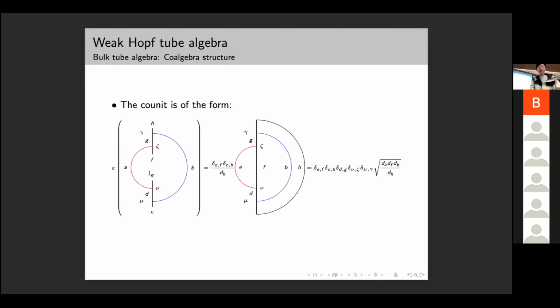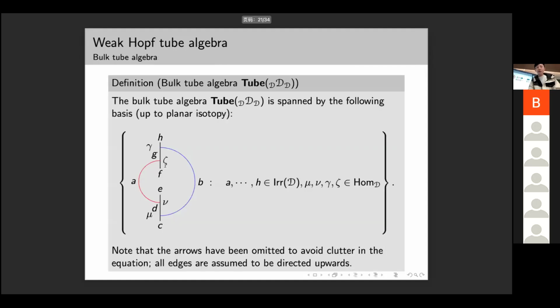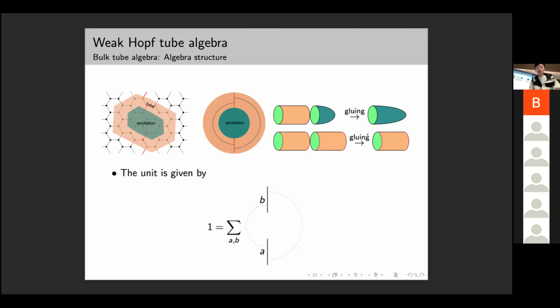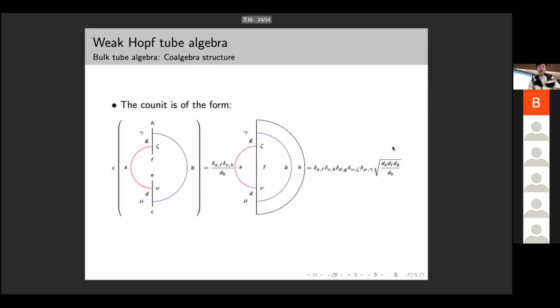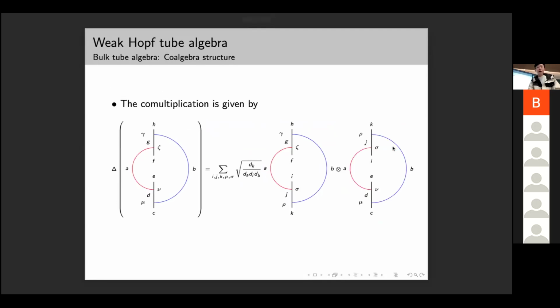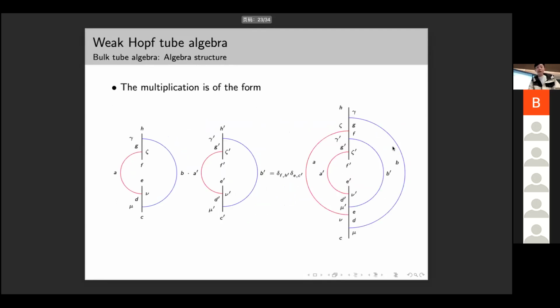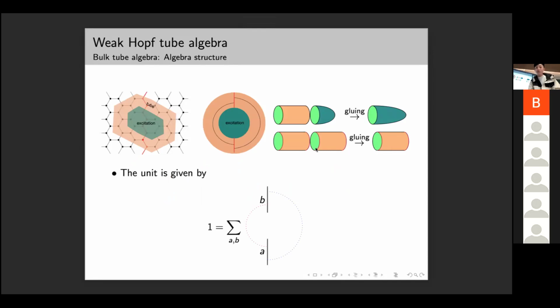And the co-unit is defined in the following way. Intuitively, for this tube, we close both sides of this tube, the left hand side and the right hand side. We close them, and they will have a co-unit structure. This is just the co-unit. The co-multiplication is a little bit more complicated, but we also have an intuitive understanding.